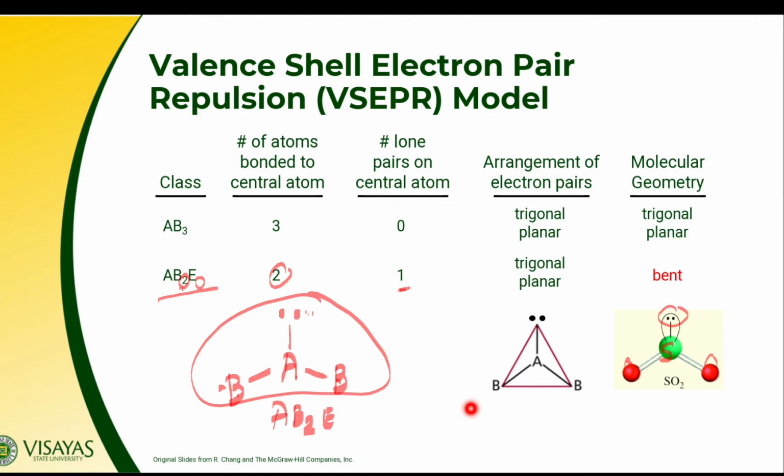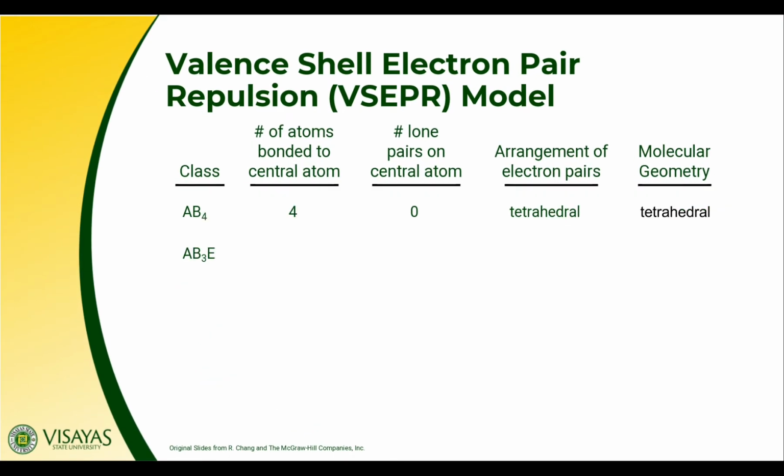Okay, next we have AB3E, meaning we have 3 atoms bonded to the central atom and we have 1 lone pair on the central atom.